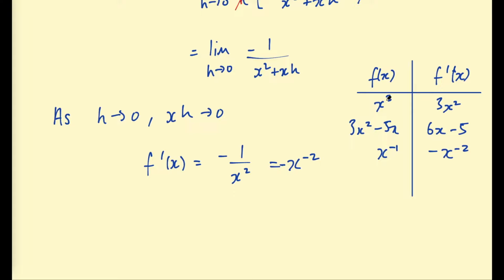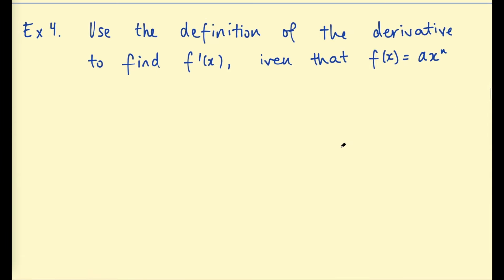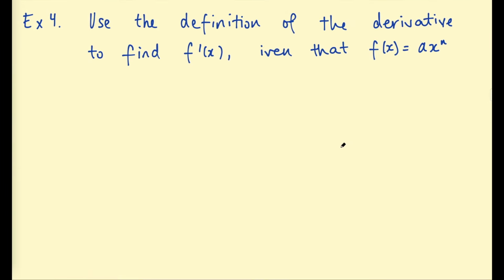Also, the exponent is decreasing by 1 each time. So if we have negative 5x, the exponent of x is 1, then the exponent becomes 0. x to the 0 is just 1. Or 3x squared becomes 6x, the exponent of x is now 1. Okay, so that is actually a rule we can use, and we're going to derive this here.